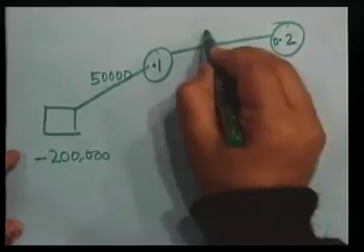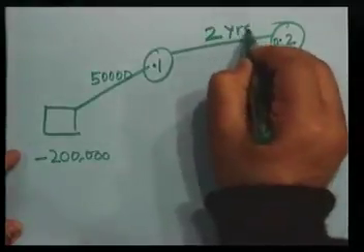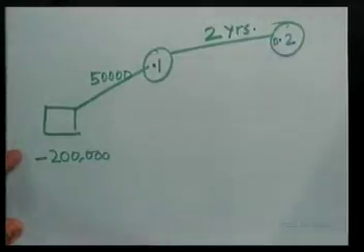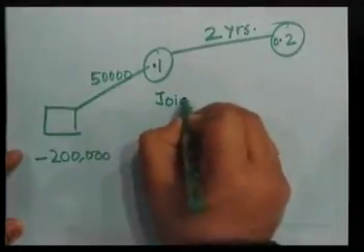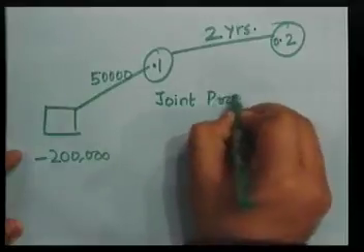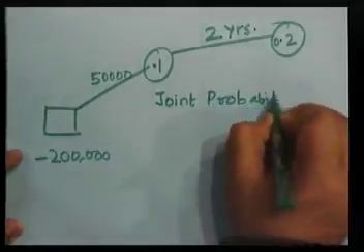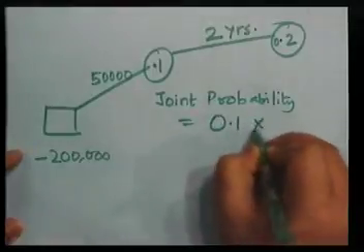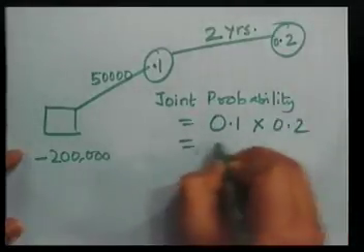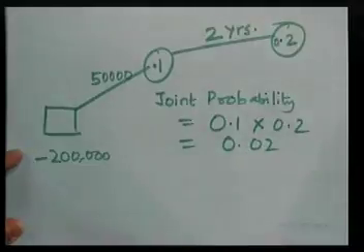And duration of return is 2 years. So, the joint probability is 0.1 multiplied by 0.2, which is 0.02. Now, this first step is over. I have to calculate the net present value now.